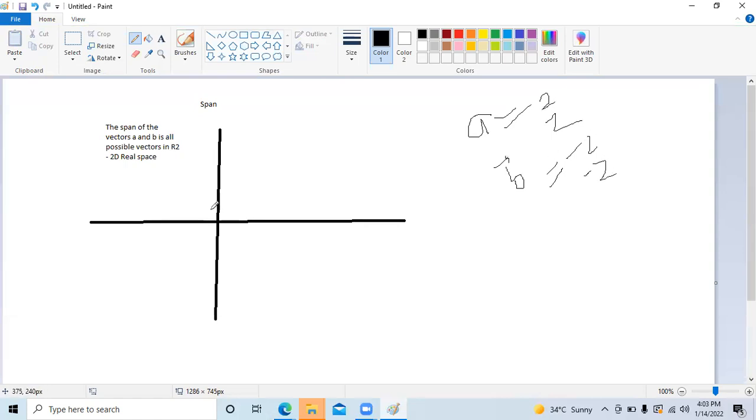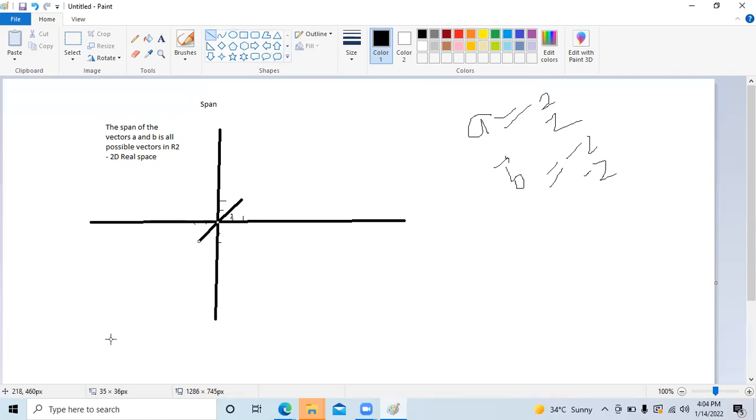So vector A is 2, 2. Let's say this is 1, 2. Vector A will be somewhere here, right? Let's say this is minus 1, minus 2. Vector B will be somewhere here, right? Now, the span of these two vectors is all possible vectors in this region.